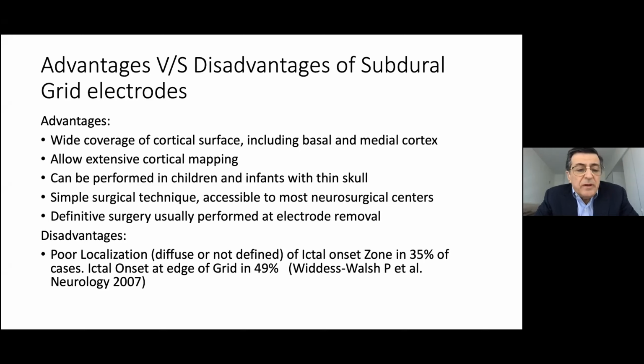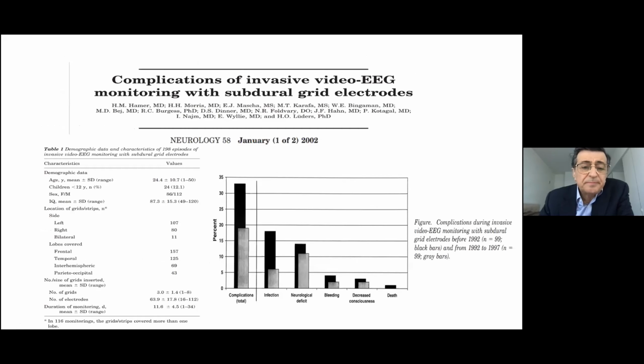And as you know, definitive surgery usually is performed at electrode removal. The disadvantage, in our hands, is poor localization of the ictal onset zone. In 35% of cases, the ictal onset is diffuse or not defined, and the ictal onset can be at the edge of the grid in 49%. And this is a paper from the Cleveland Clinic that mostly describes our series.